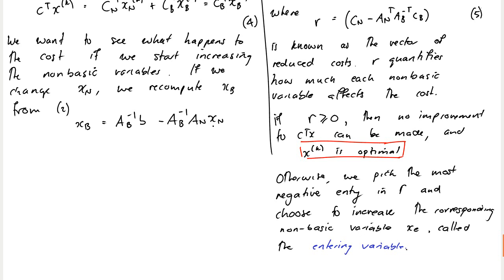Eventually one of the xb's will drop down to 0, and if we go any further, it will cause one of these xb's to go negative. So we can only increase xe so much until we start violating the non-negativity constraints. The variable that hits 0 first in our basis is the variable that we're going to get rid of from our basis and replace with our entering variable.